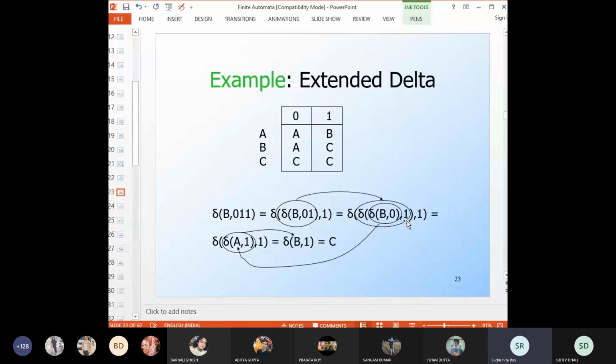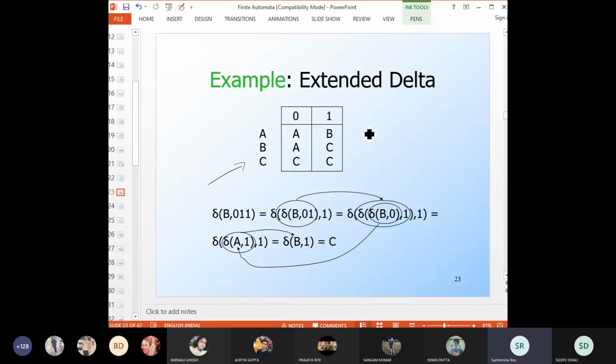So this is exactly what we were seeing before. I gave you an example here. Another example is given. Only here the finite automata is given in the form of a transition table or state table, as you have seen in digital logic. So this is nothing but a state table, only the states have been given some names.